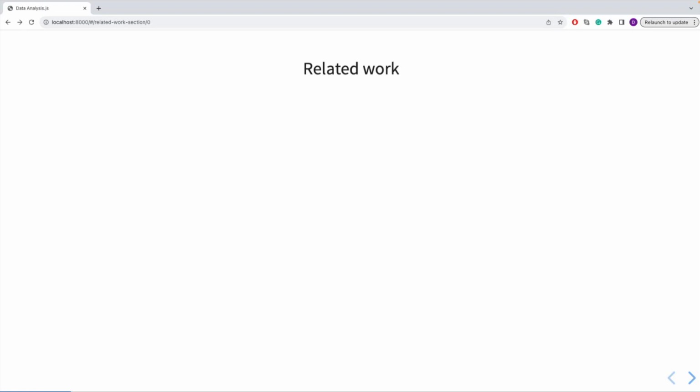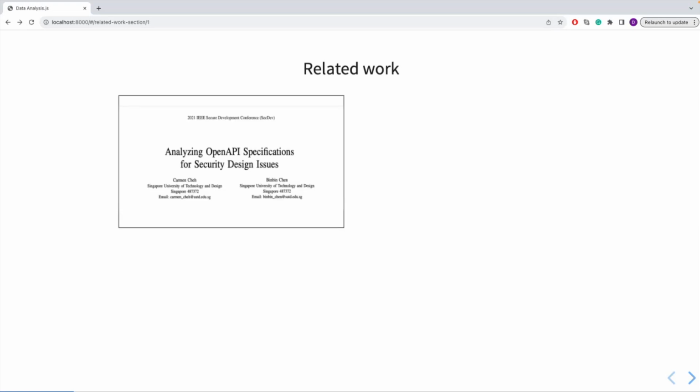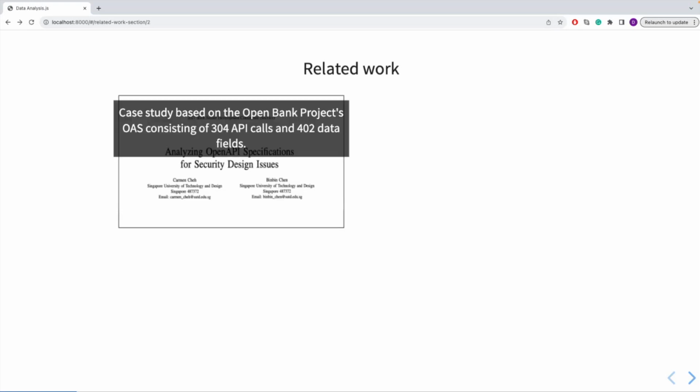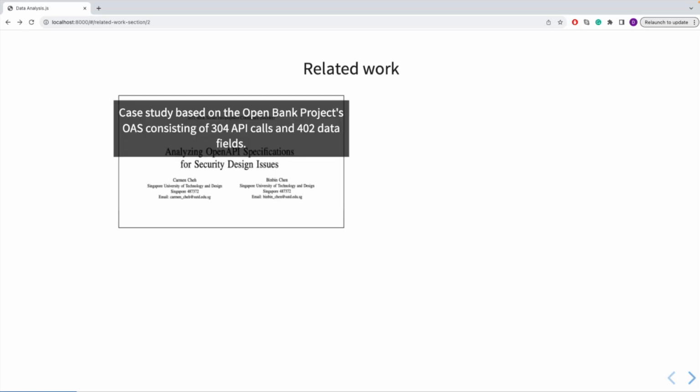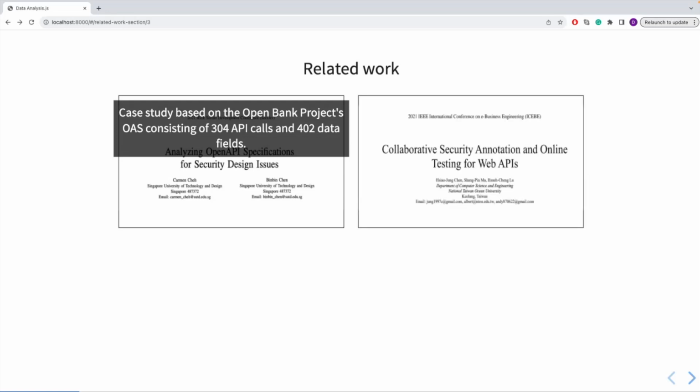First, I'm going to show you some related work focusing on the OpenAPI specification for security definitions. The first one is about analyzing OpenAPI specification for security design issues, based on a case study from the Open Bank Project that consists of 304 API calls and 402 data files.